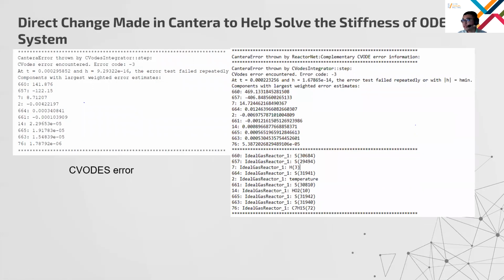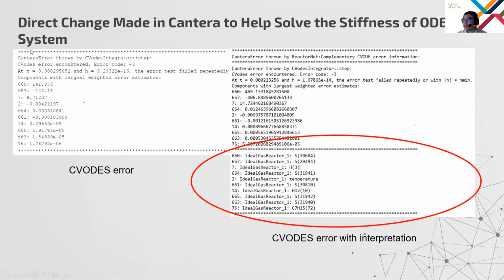Except for this, we also made some direct changes in Cantera to help solve the stiffness of the ODE system. So sometimes when the solver crashes, we can see an error message like this, but usually we don't have any idea how to connect this error message to the real chemical information.